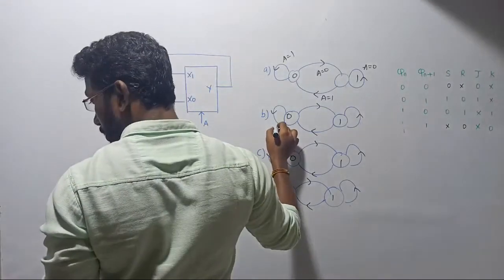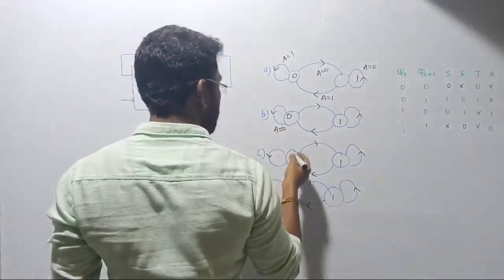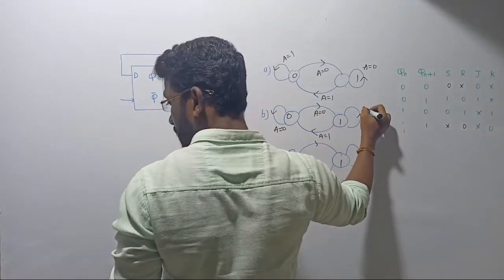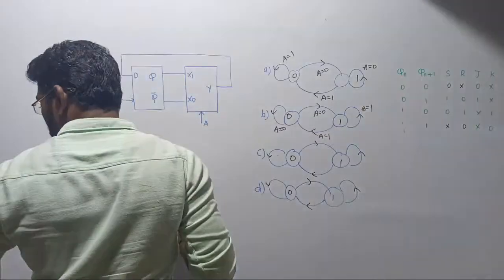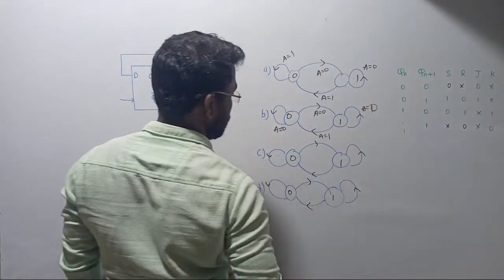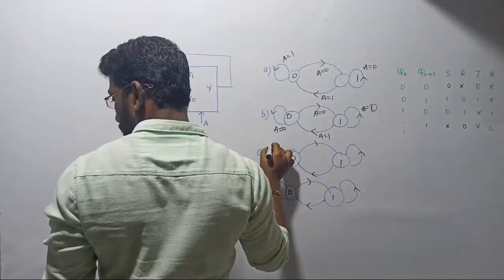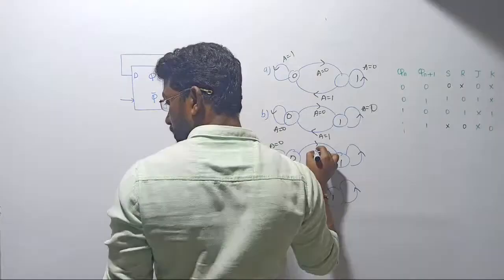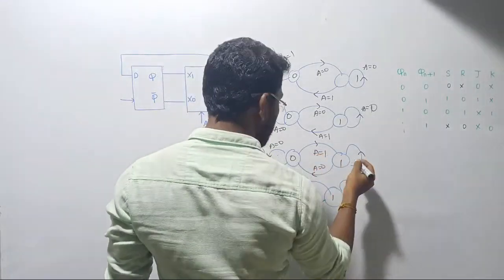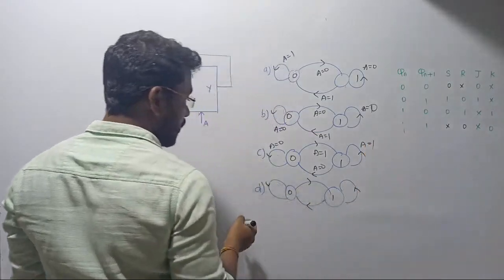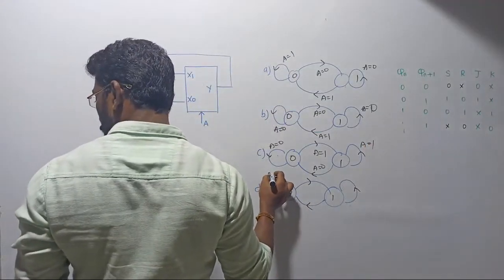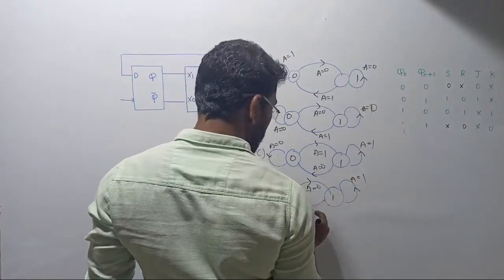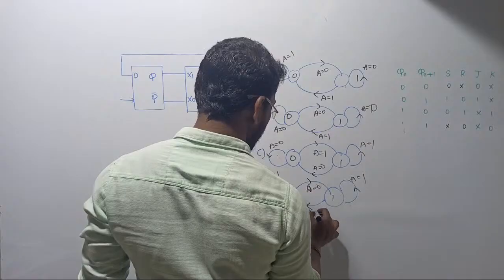Similarly, in the second case they told this is A is equal to 0, this is A is equal to 0, this is A is equal to 1, and this is A is equal to 1, right? And this is 0. In option C they told this is A is equal to 0, this is A is equal to 0, this is A is equal to 1, and this is A is equal to 1. Last they told A is equal to 1, this is A is equal to 1, this is A is equal to 0, and this is also A equal to 0.